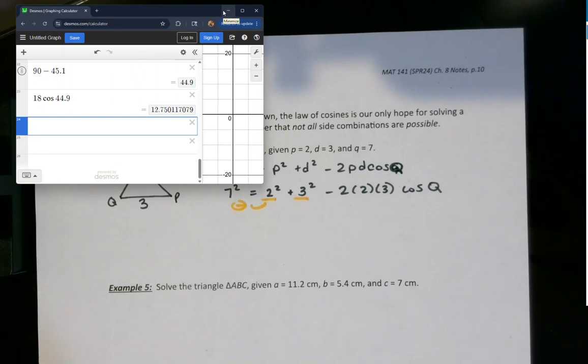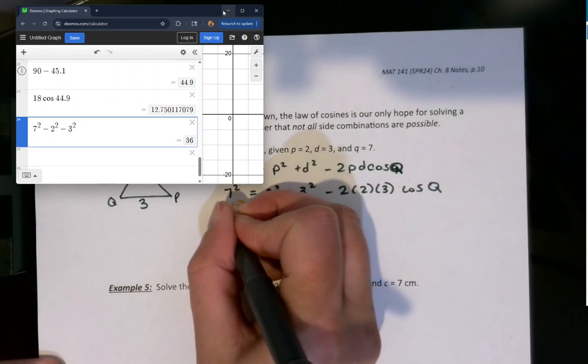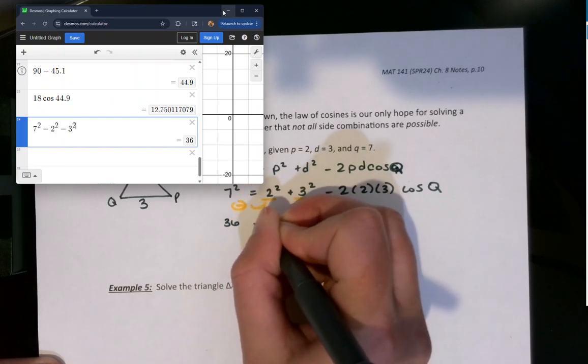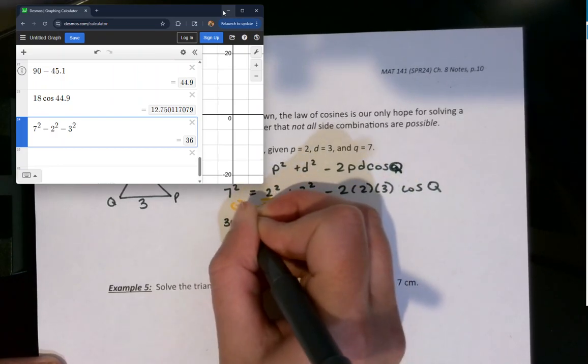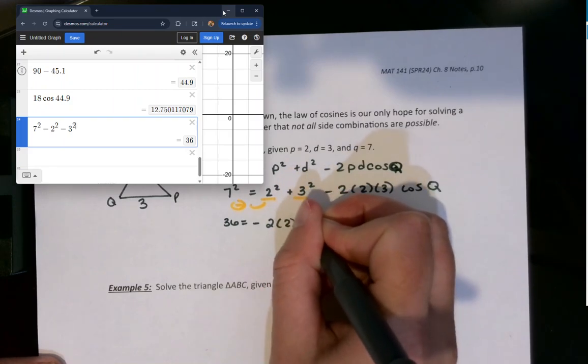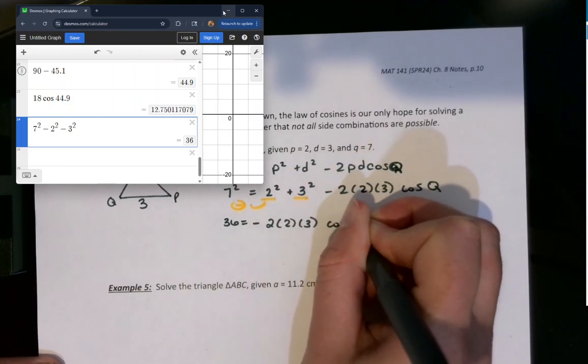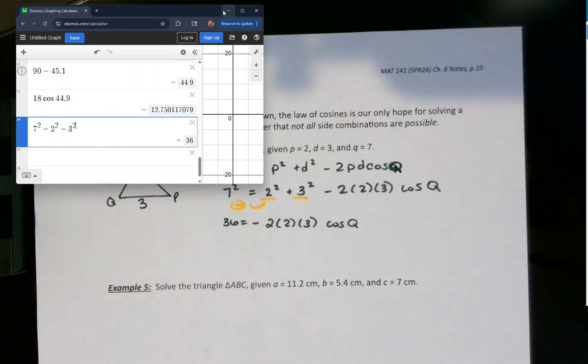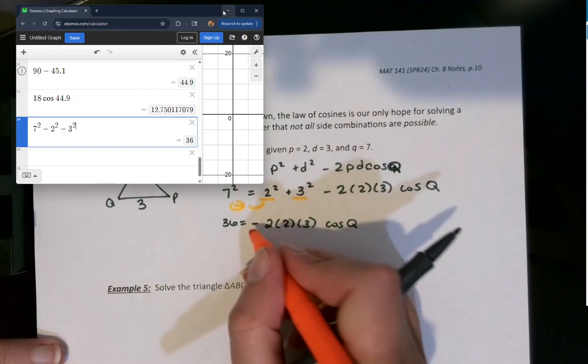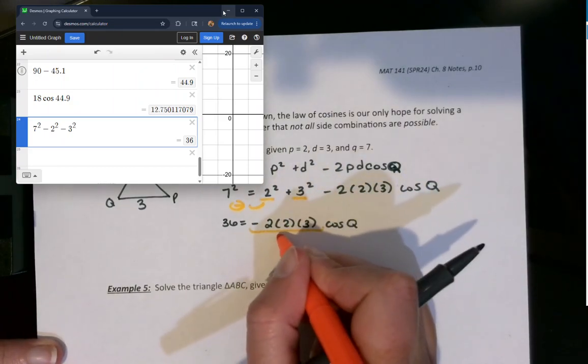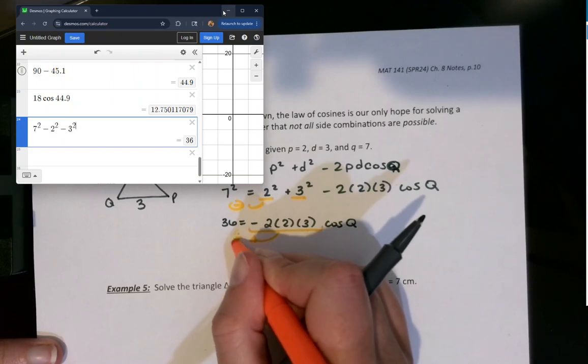And that'll give us 7 squared, so it's 49, minus 2 squared, so minus 4, and then minus 3 squared, so minus another 9, comes out as 36 minus 2 equals a negative 2 times 3 cosine of Q. So now we're going to divide that coefficient, the negative 2 times 3, over.